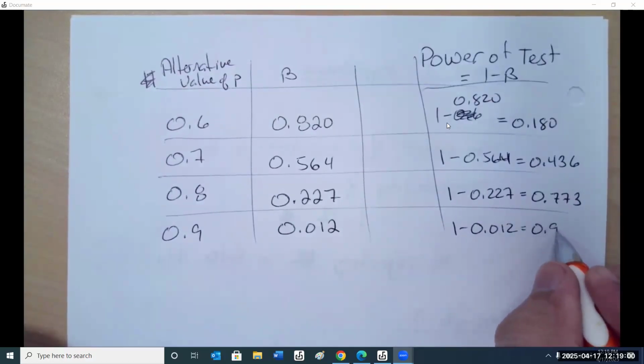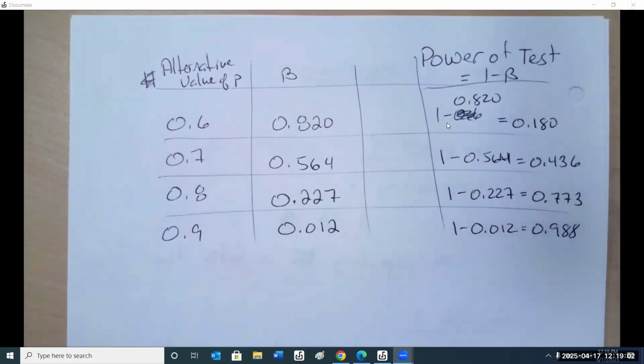And 0.988. So those are the corresponding values for the powers of those.